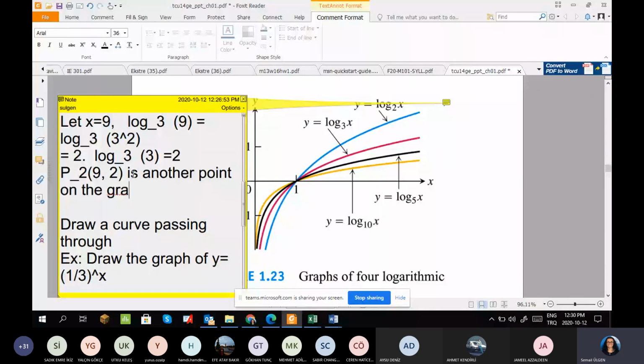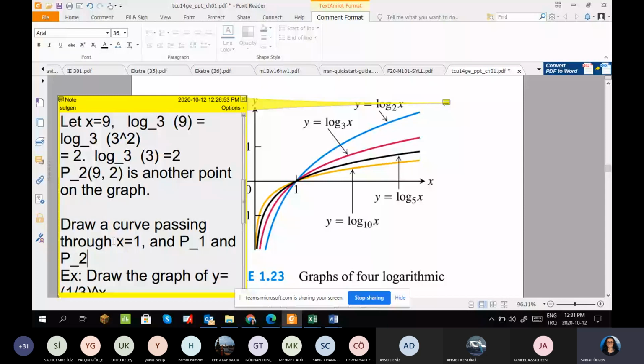Draw a curve passing through x equal to 1, and P1 and P2. Make sure that it passes through x equal to 1 as well, because all of them are going to go through that. And then you get the picture.